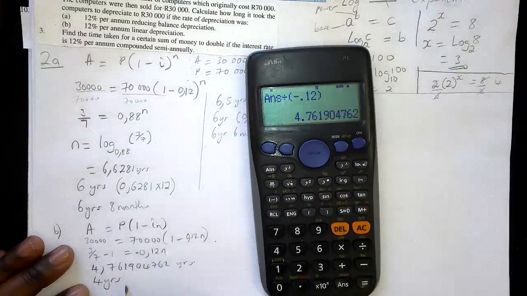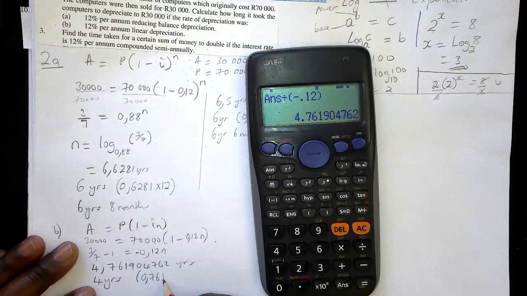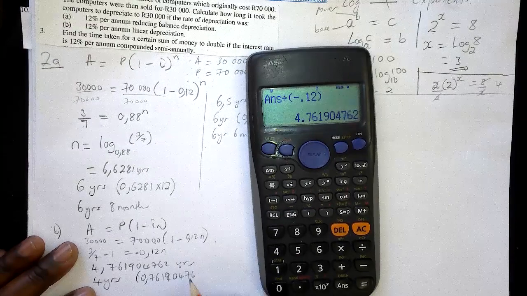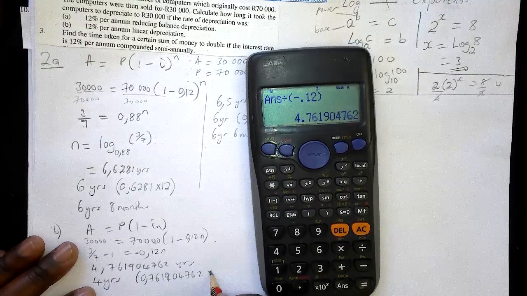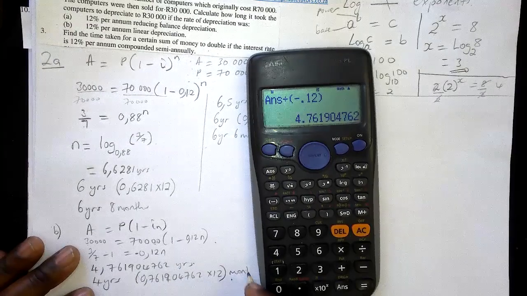Then it's going to be 4 years. Then in brackets, 0.761904762 times 12. These are months.